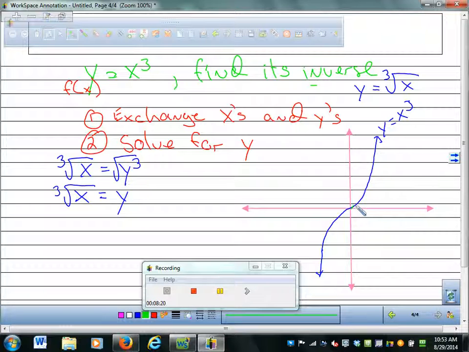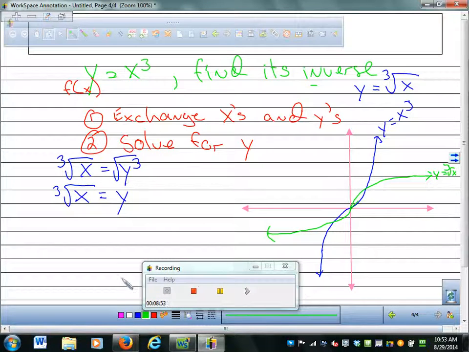Over here it goes like this, and over here it goes like that. So this is y equals the cube root of x, and this is y equals x cubed.